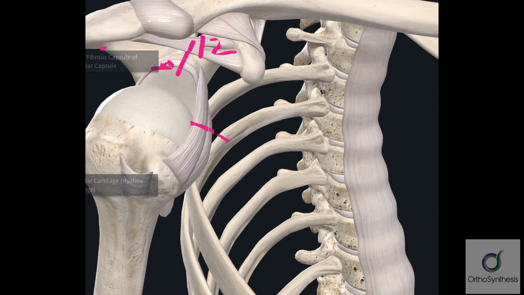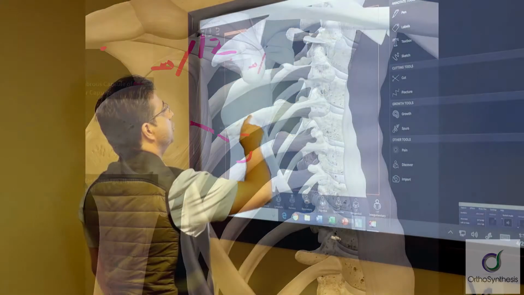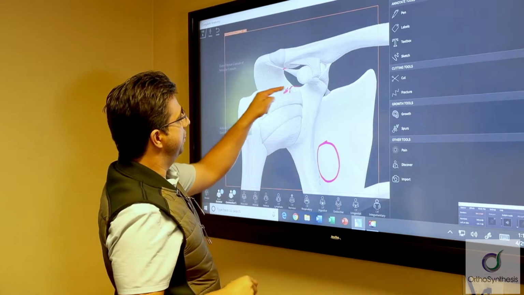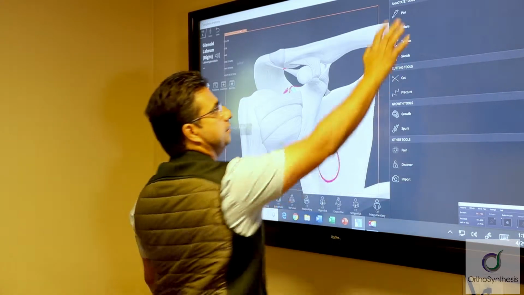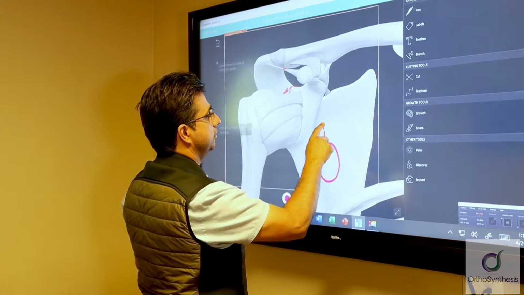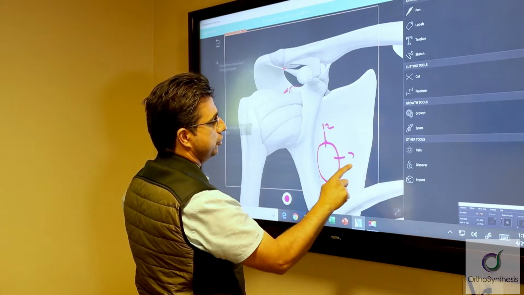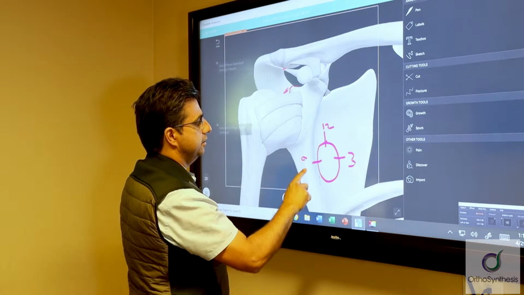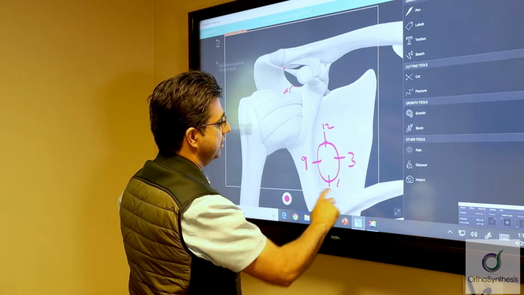This, on that face, is the 3 o'clock position, and that is the 9 o'clock position. So if we go back to our shoulder, that we know is the 12 o'clock position, and so we basically make a clock face. So there's 12, there's 3, and there's 9, and obviously down here is 6.